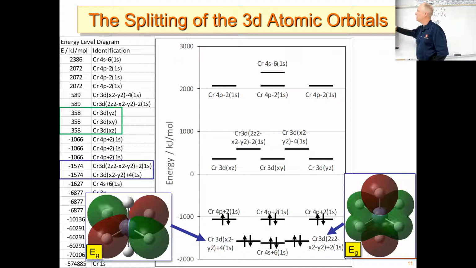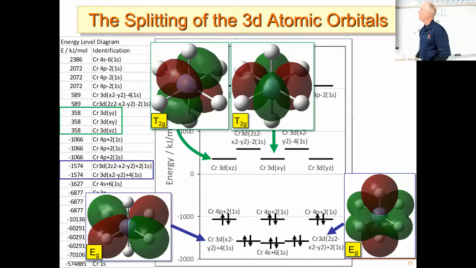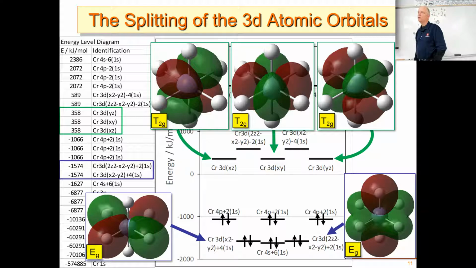So we've looked at these 2 down here, and then we have these 3 up here, the dxy, dxz, and dyz. So those have been pushed above the p orbitals. And so when you put electrons in from low to high, the electrons go into those p orbitals and not into these d orbitals.